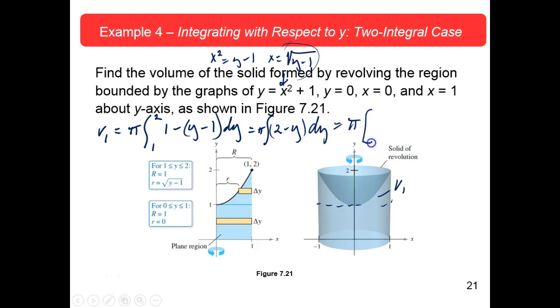Pi times 2y minus y squared over 2, evaluated from 1 to 2. Okay?